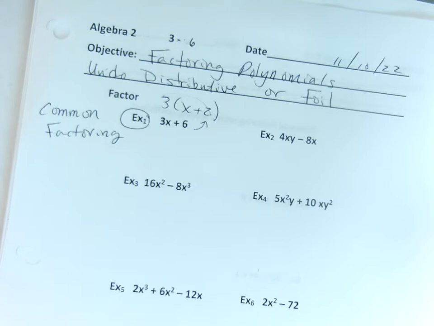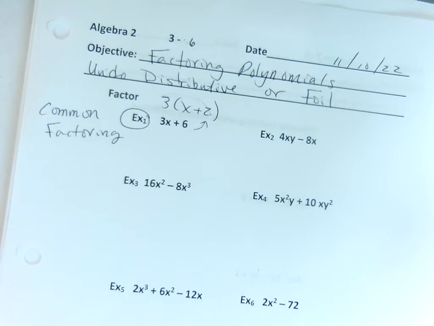They have a multiple of 3. Or here's another way to ask it: what is the biggest number that divides both? 3. So the common multiple is 3.